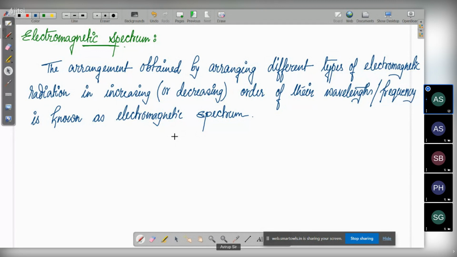That is why the electromagnetic spectrum is simply arranging them in an ordered fashion. That ordered fashion can be increasing order or decreasing order, on the basis of wavelength or frequency. The main aim is to arrange them in a systematic manner, and this systematic arrangement of radiation is known as the electromagnetic spectrum.